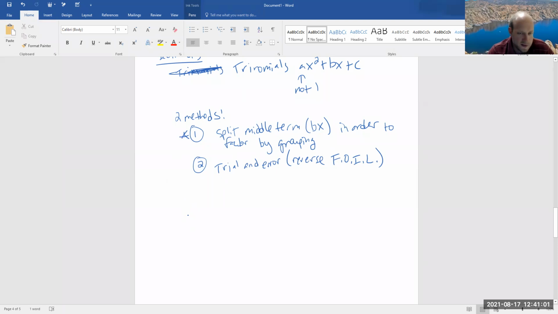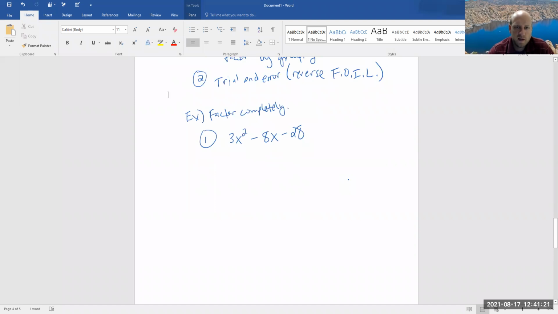For example, I'm going to write the instructions here. Let's factor completely: 3x squared minus 8x minus 28.